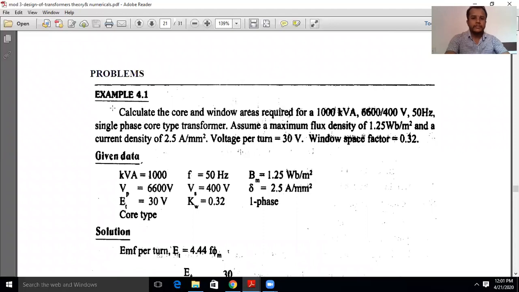Now, in this case, please write the given data which is given in the example. You can see the example and write down the data given.